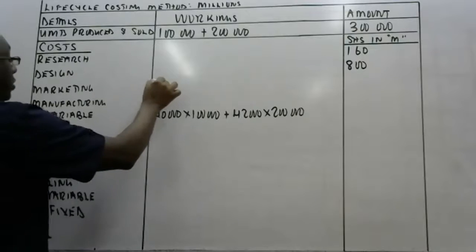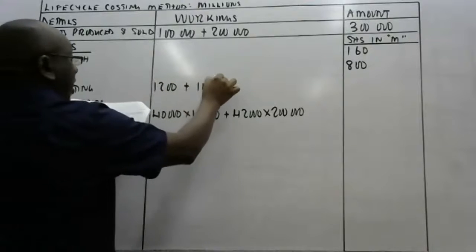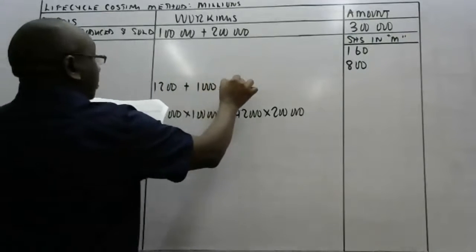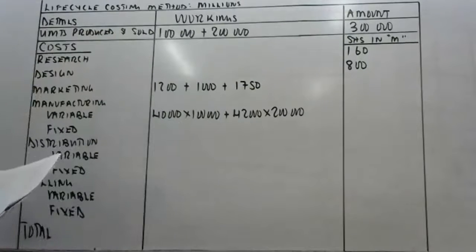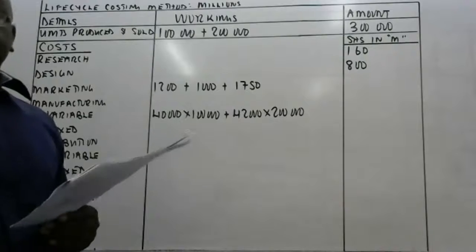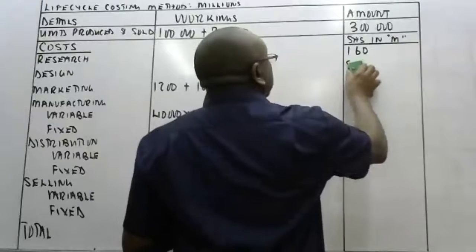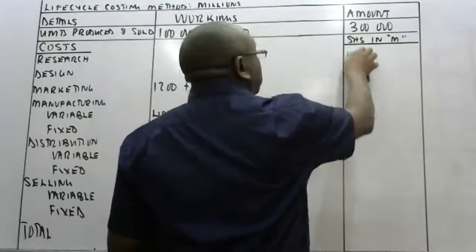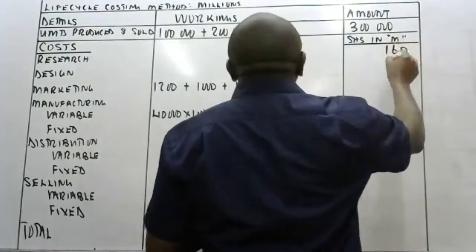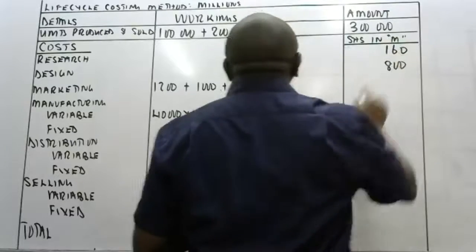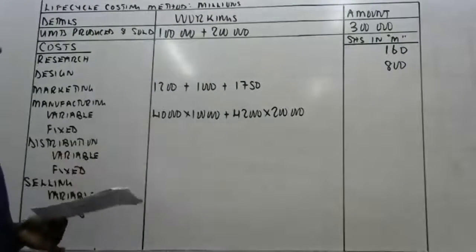Marketing, I will need to get 1,200 plus 1,000 plus 1,750. Give me that figure when you add this one for marketing.